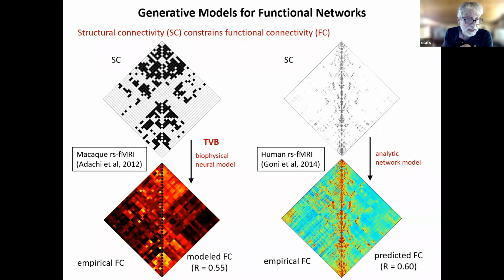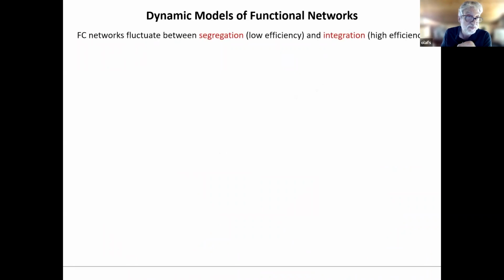One of the popular ideas that we came to through modeling is that functional connectivity itself is dynamic. The networks, the functional networks that we can measure actually change over time. And a popular way of approaching this has been through windowing and looking at fluctuations of network states.